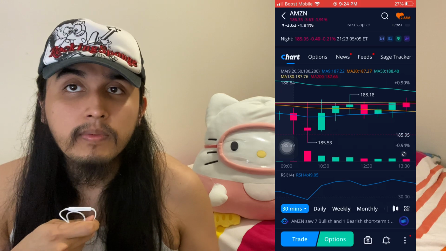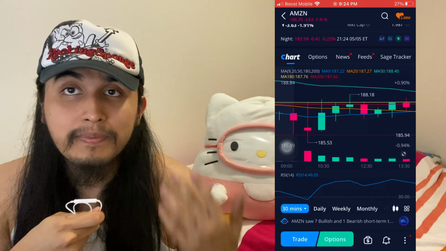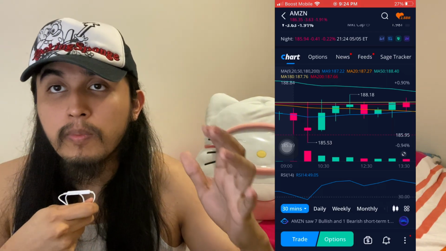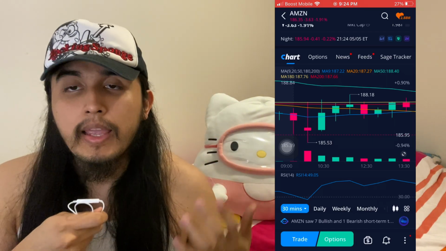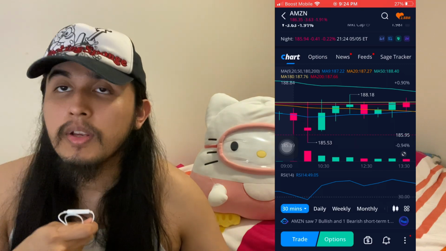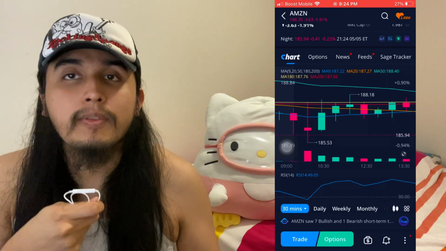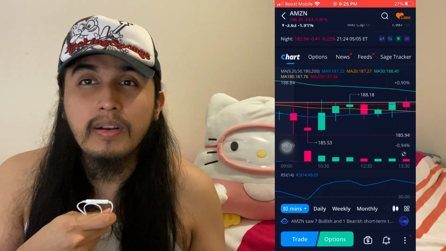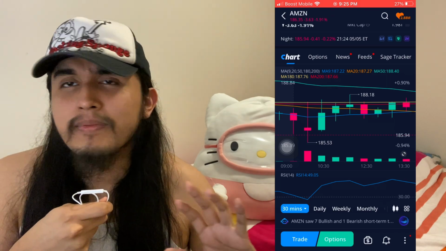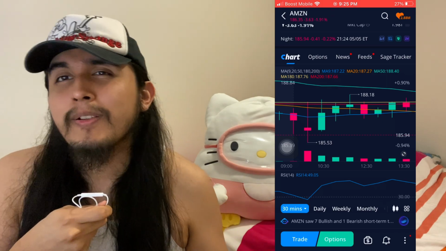My next step would be to patiently wait and see if it can approach the 50-day moving average. Once that happens, I'll buy a couple more Amazon put options, and let's say it gets rejected by the 50-day moving average. My position will be in the green a lot faster, and I'll be able to exit the position with either a smaller loss or a decent gain. So that's what I'll basically try to do.